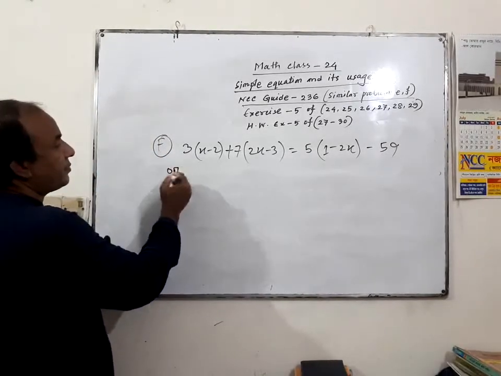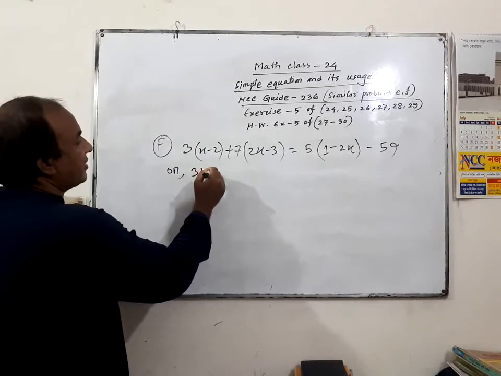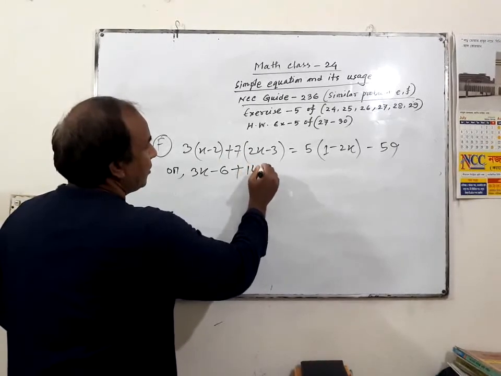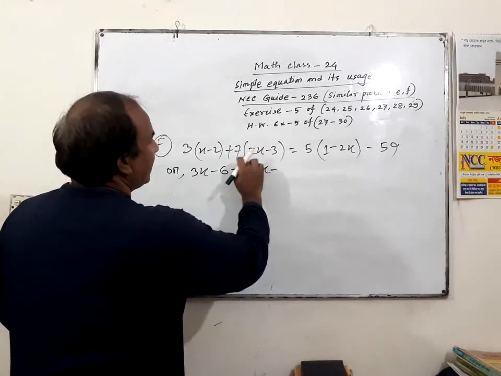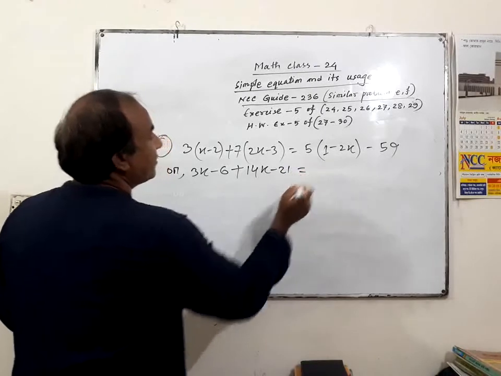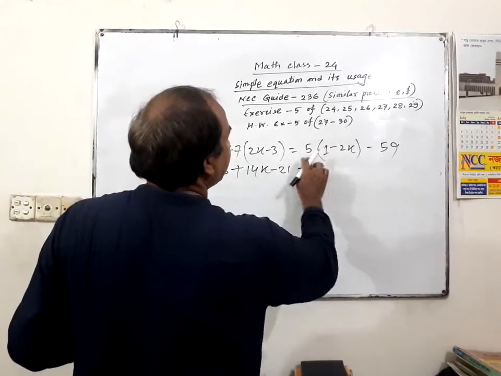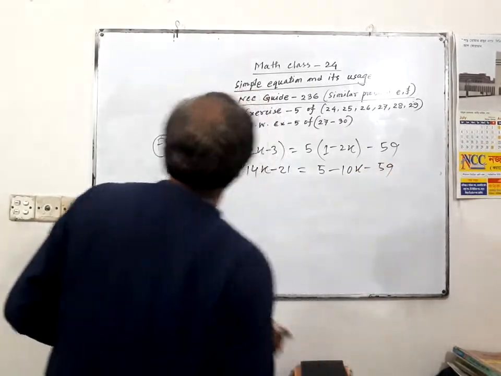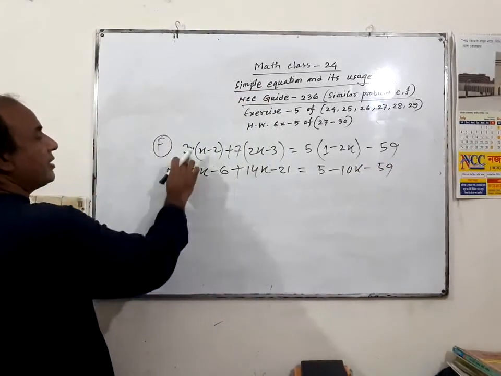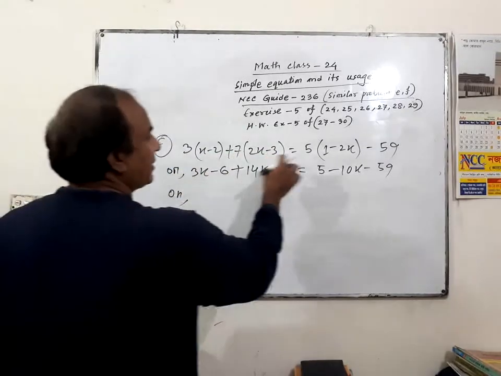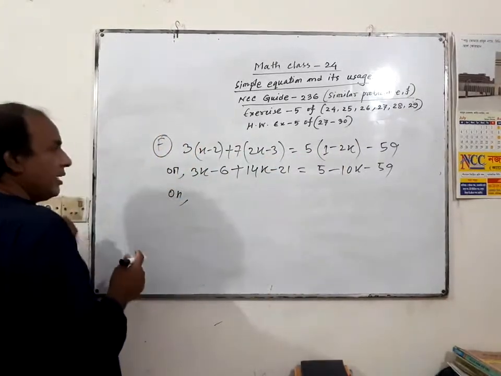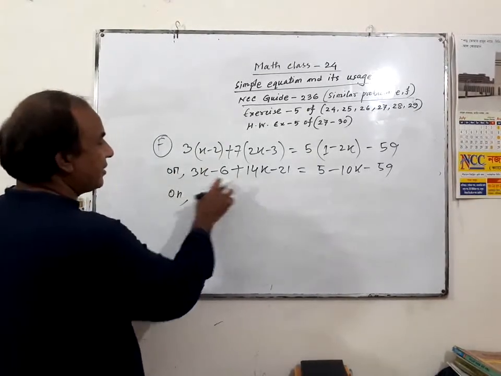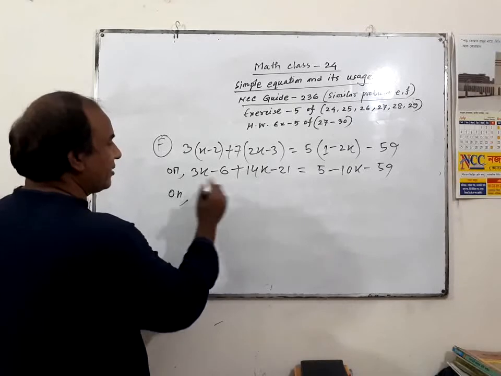Same way, 3x minus 6 plus 7 2s are 14x, 7 3s are 21, 5 1s are 5, 5 2s are 10x, minus 59. Just we have to multiply by 3, multiply by 7, multiply by 5 and withdraw the brackets also. So 3x and 14x add to 17x.